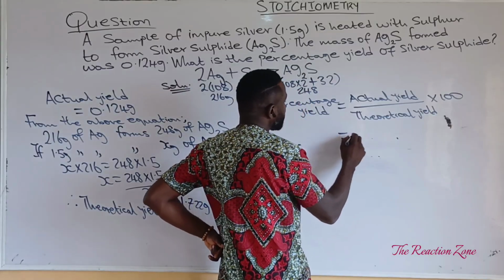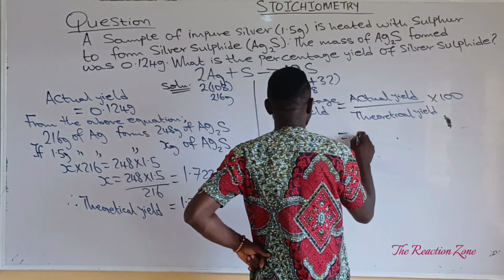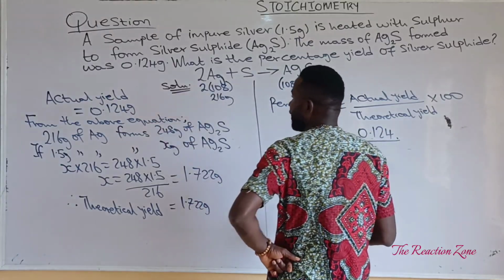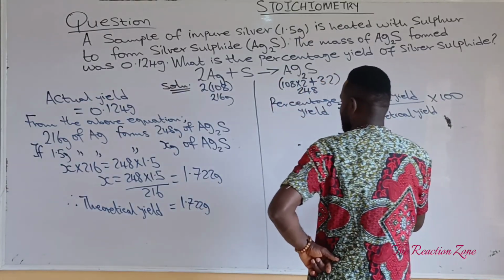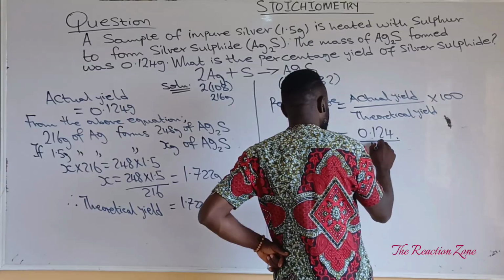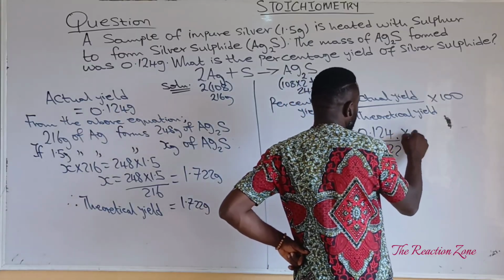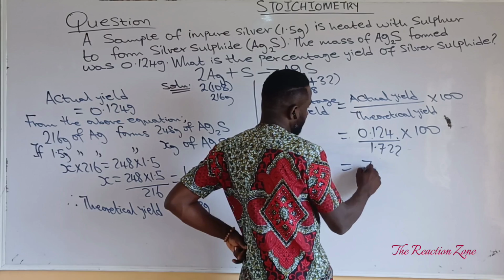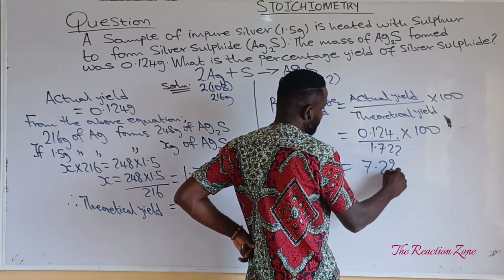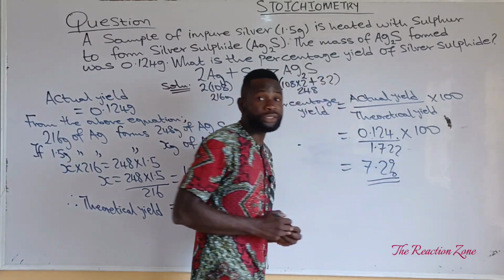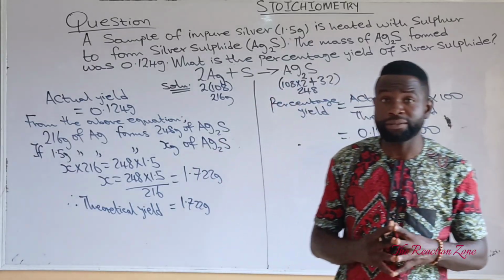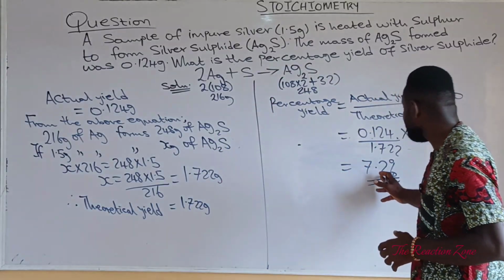So this means the percentage yield will be equal to 0.124 divided by 1.722 times 100, and this will give us a value of 7.2%. So what this means is that the percentage yield of silver sulfide is 7.2%.